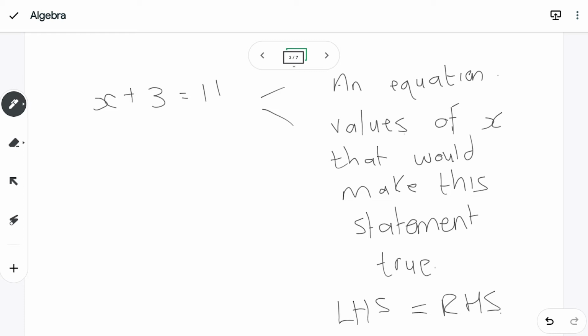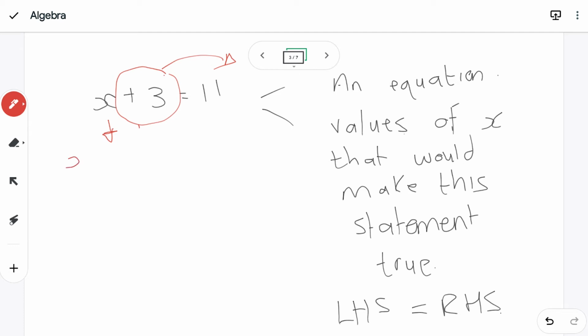So how do we do this? What we need to remember is that x should always be by itself on one side. To do that we would have to take the 3 to the other side. Now this is positive 3, so if we take it over to the right hand side of the equal sign, then it changes to negative 3.